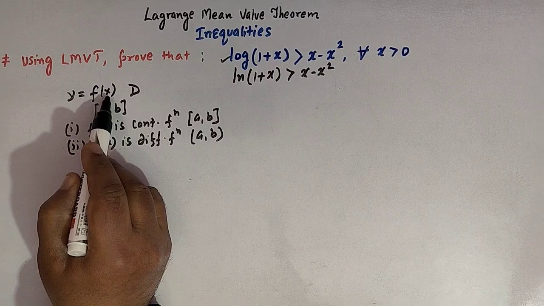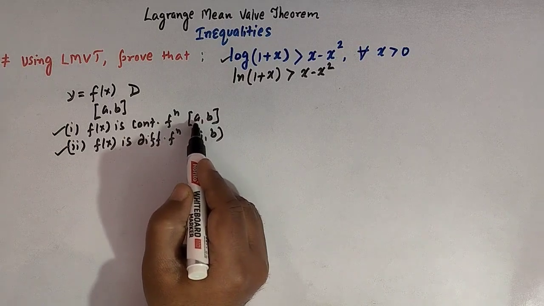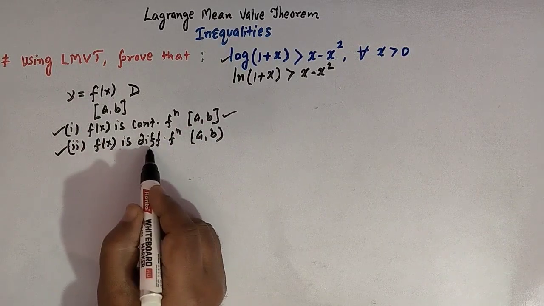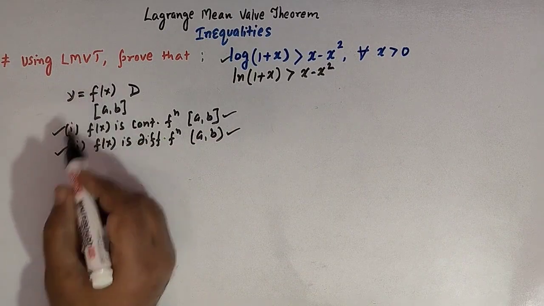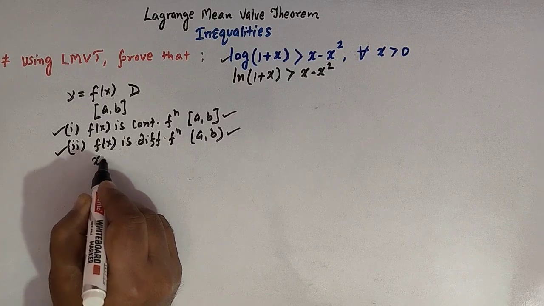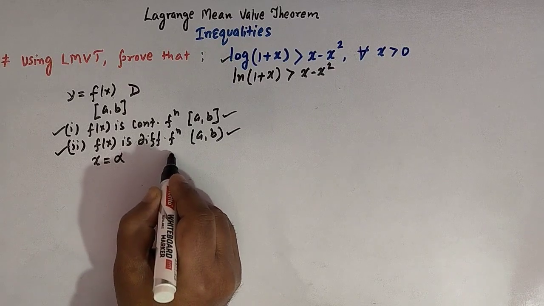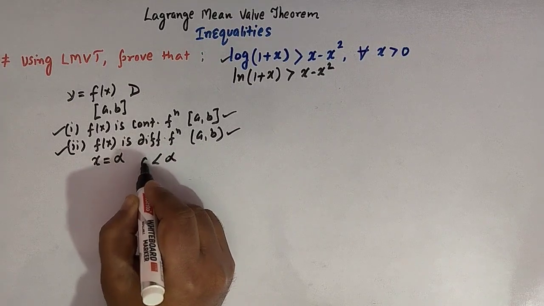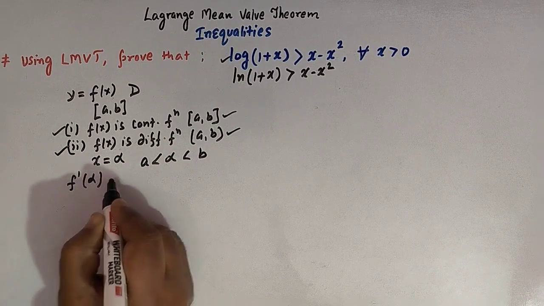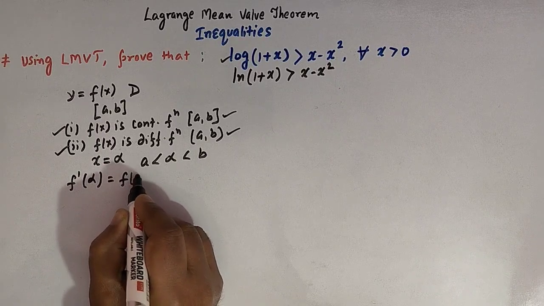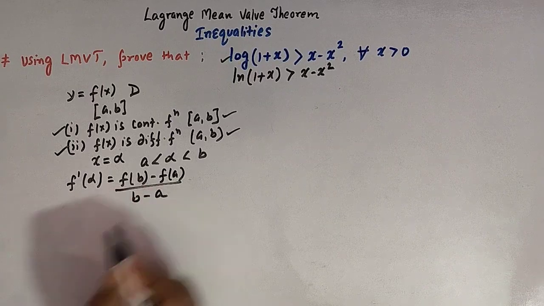So if this function satisfies these two conditions, that is f of x is continuous in this interval and f of x is differentiable in this interval, then the mean value theorem says that there must exist some number, say alpha, such that alpha lies between a and b, such that f prime of alpha is equal to f of b minus f of a divided by b minus a.